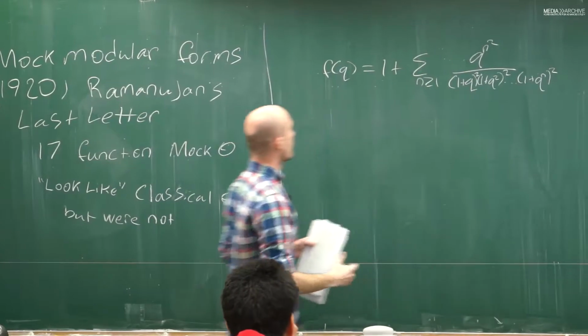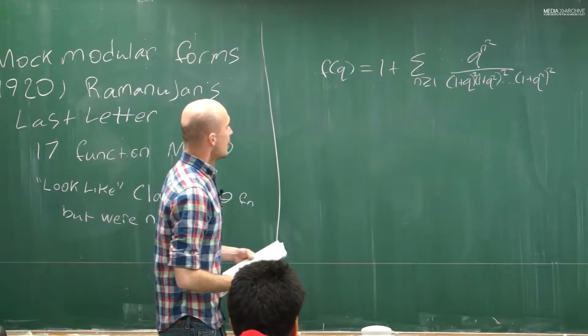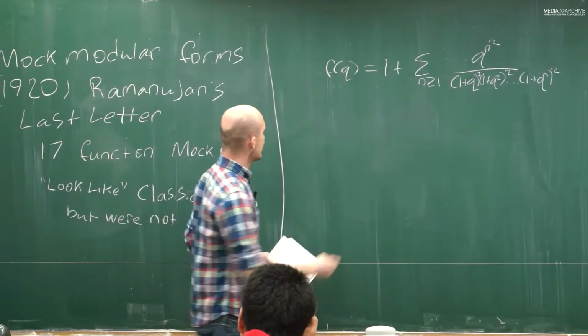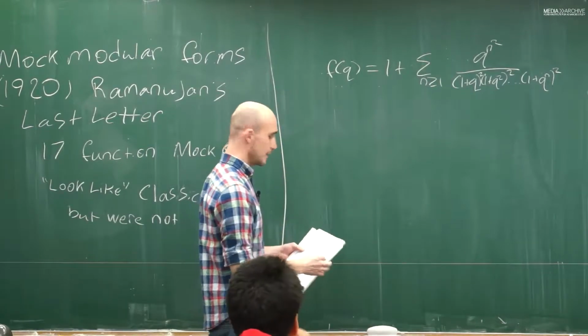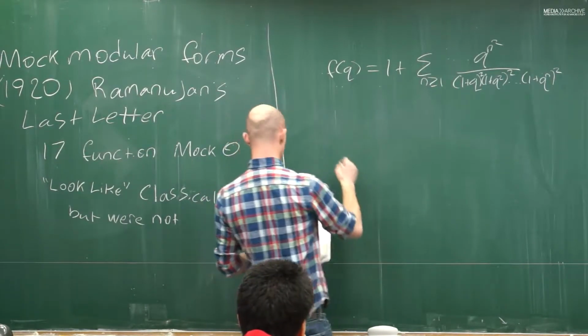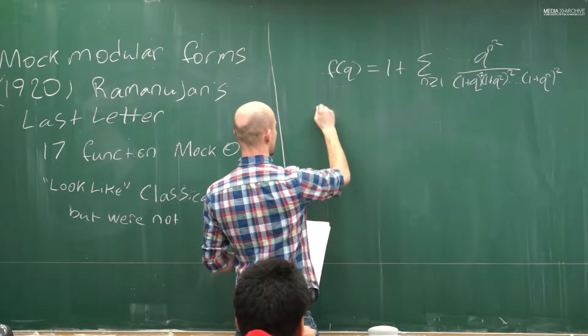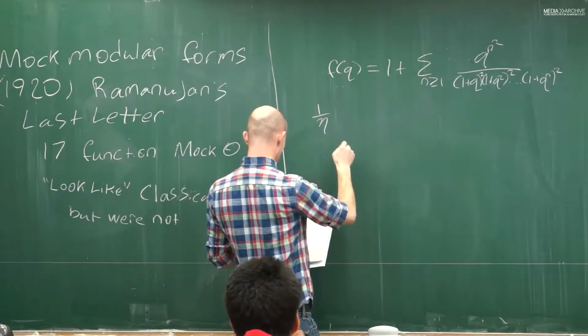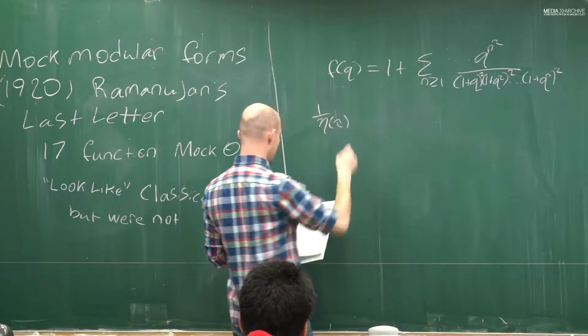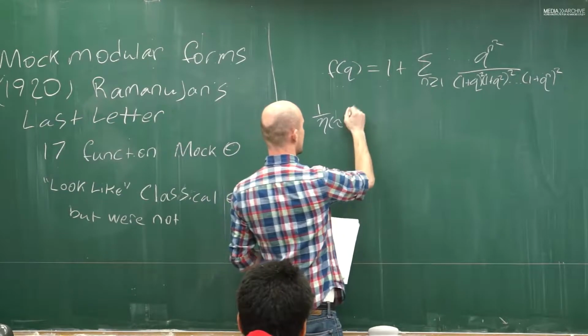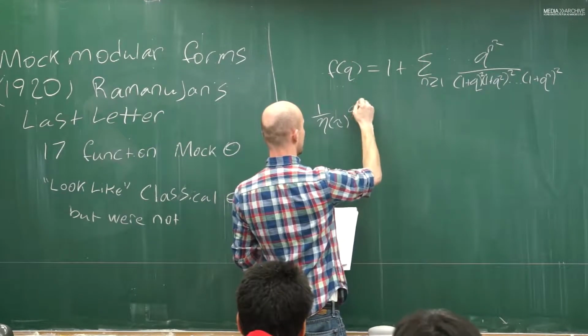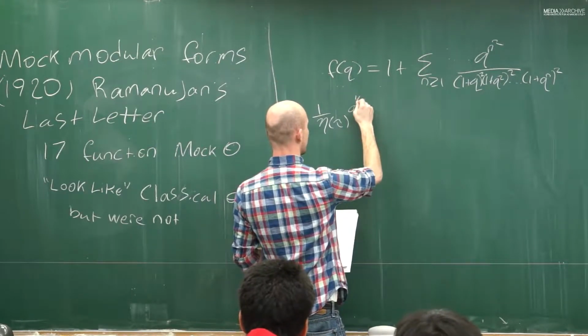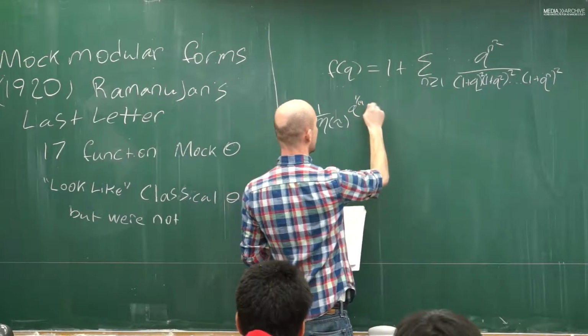Okay. And this somehow is very similar to a particular form for the partition function. So the partition function, 1 over eta of tau, and I'll just briefly normalize this to get rid of the fractional power of q there.